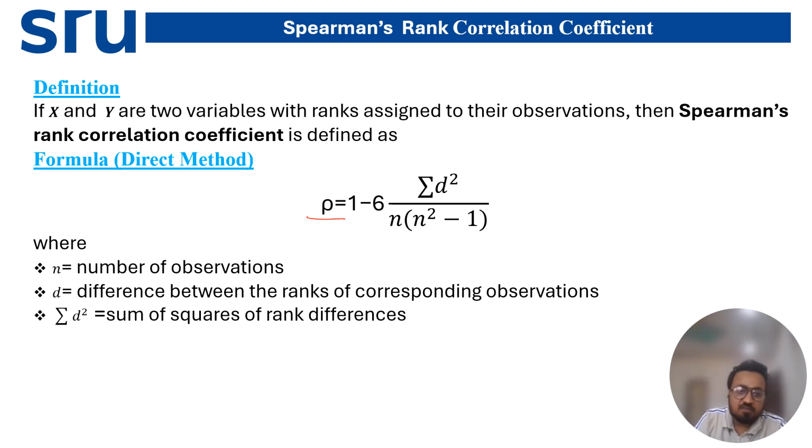Here n is the total number of observations, d is the difference between the ranks of corresponding observations, and d square is the sum of squares of the rank differences. This is the formula for finding the rank correlation coefficient, known as the Spearman rank correlation coefficient.